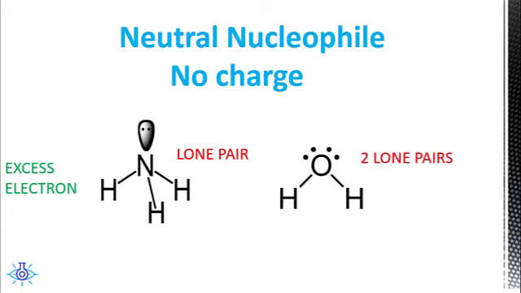Look at ammonia. In ammonia, nitrogen has one lone pair of electrons and in water, oxygen has two lone pairs of electrons. Hence, since they have electrons in excess they are in a position to donate the electrons, we can call them neutral nucleophiles.